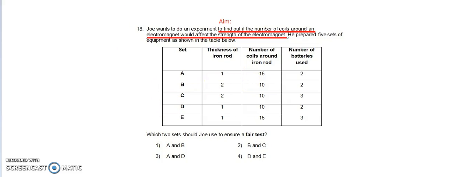Now, in any experiment, we need to write here that we have one change variable. Now, in this case, the change variable should be the number of coils as stated in the aim of the experiment.